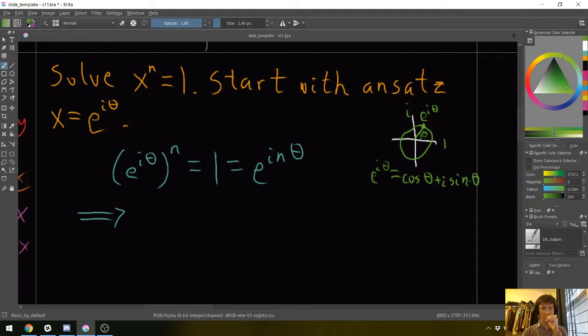So in this scenario, would what we just got be e to the power i n theta equals cosine theta plus i sine theta, to the power of n? That's a total guess. It is, yeah, so that's true.